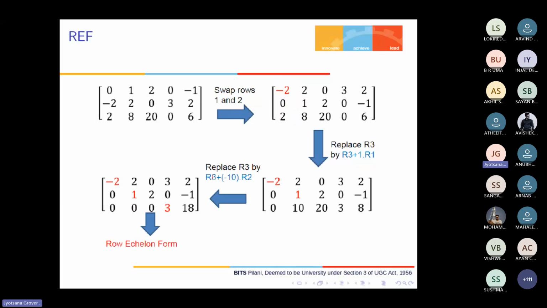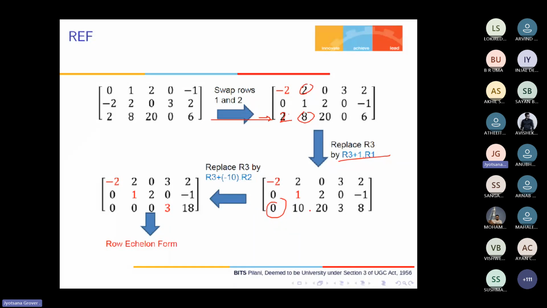You add R1 to the third row and store the result in R3. So 2 minus 2 is 0, 8 plus 2 is 10. So this is R3 plus R1. Okay. Now, what is the next objective?